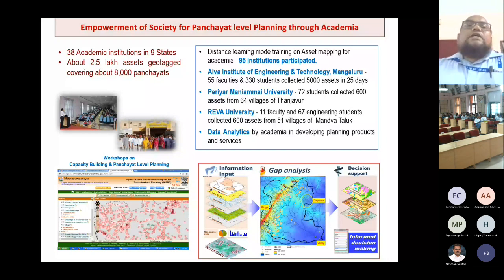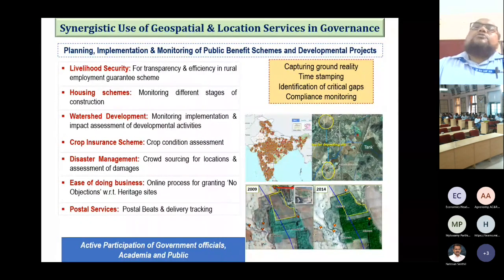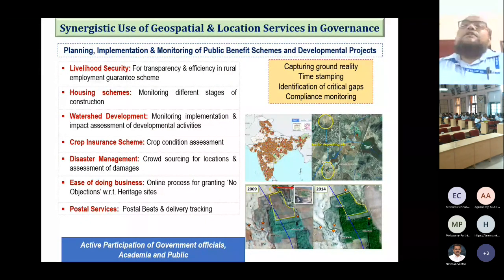For example, 38 academic institutes in 9 states have helped us in covering more than 8,000 panchayats and helped us in doing geotag information. That is shown here, and likewise, synergistic use of geospatial and location-based services in governance is described here.